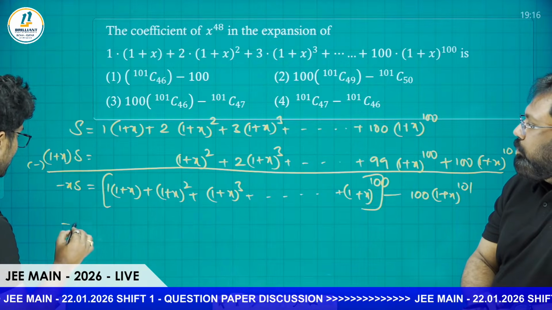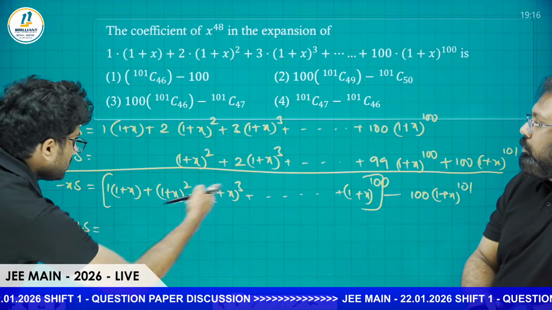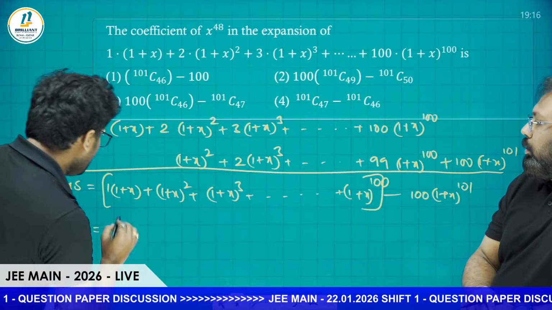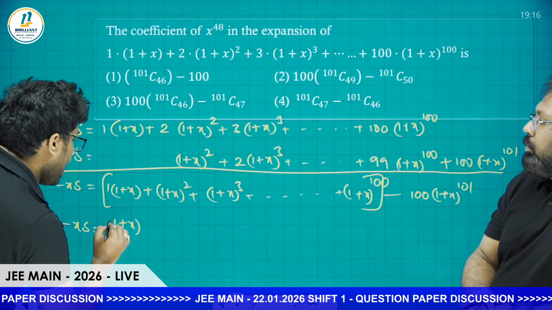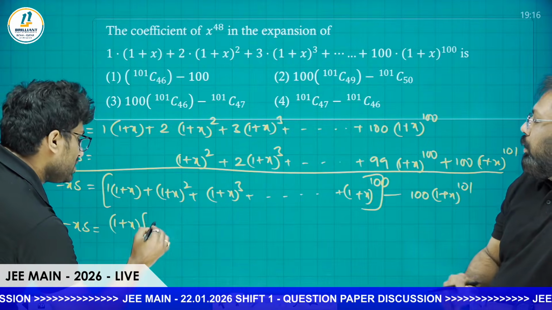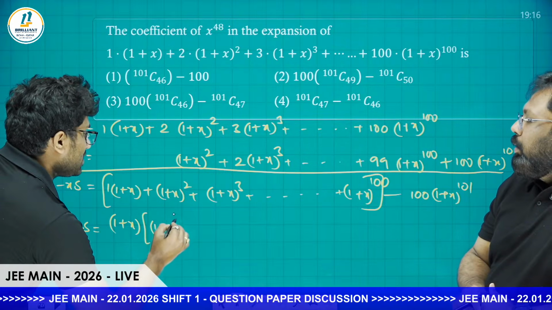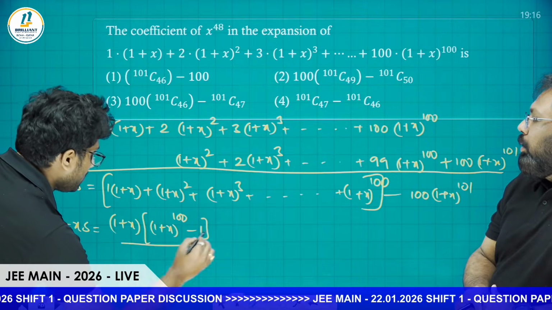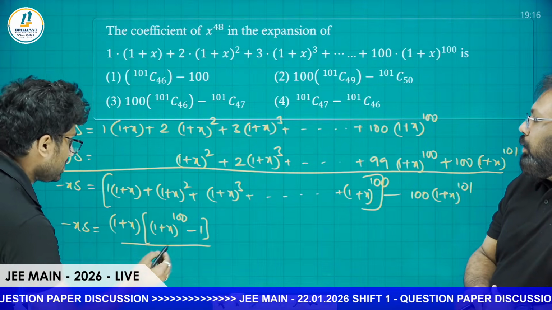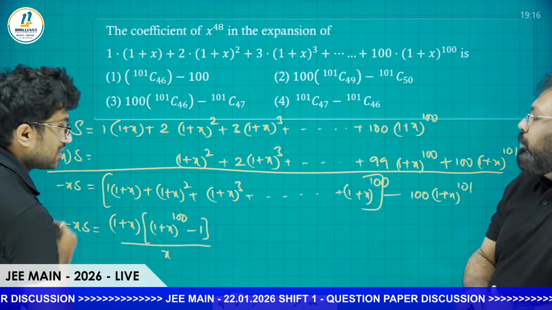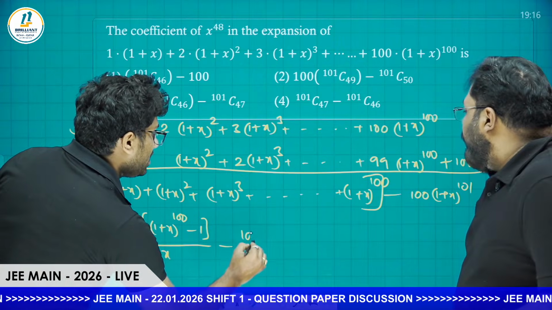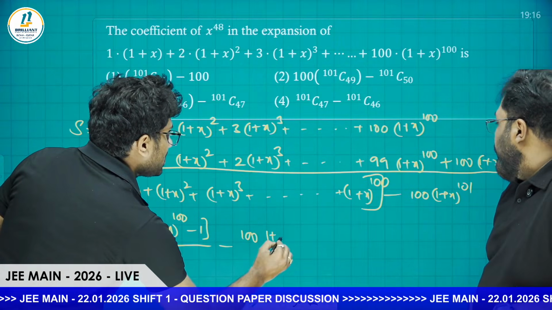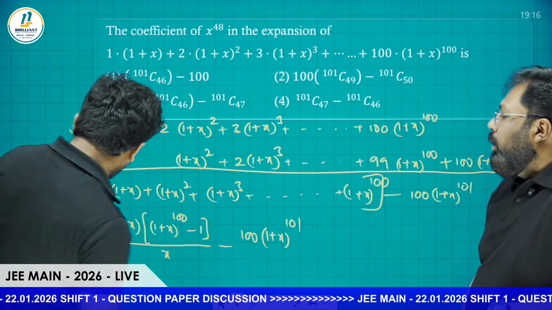So this we can write as minus xS into, this is the sum of a finite GP, that is a into r power n minus 1. What is r? r is also 1 plus x. 1 plus x whole to the power, number of terms is 100, minus 1, whole divided by r minus 1. So 1 plus x minus 1 is x itself. Minus 100 into 1 plus x whole to the power 101.